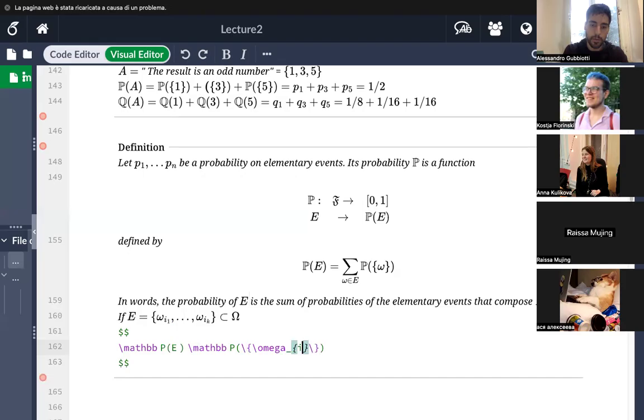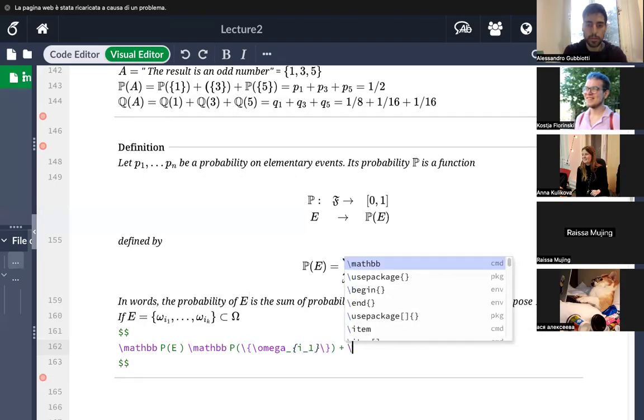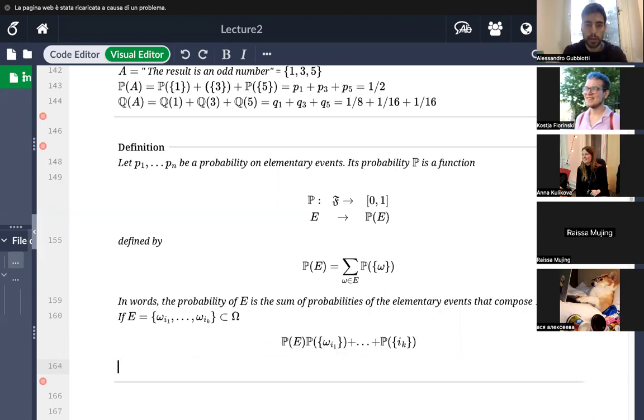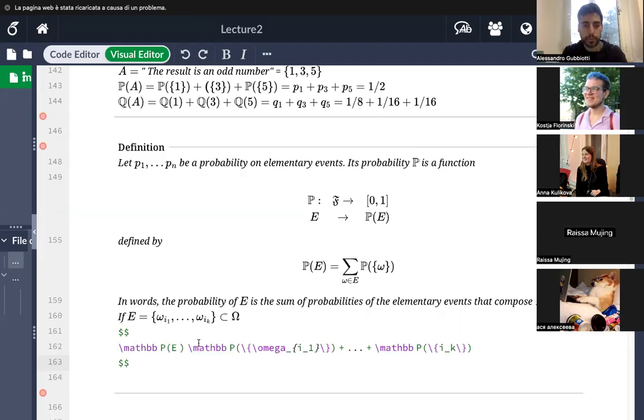Omega is the sum of the elementary events that compose E. So the sum of P(omega i1) plus P(omega i2) plus ... up to P(omega ik).